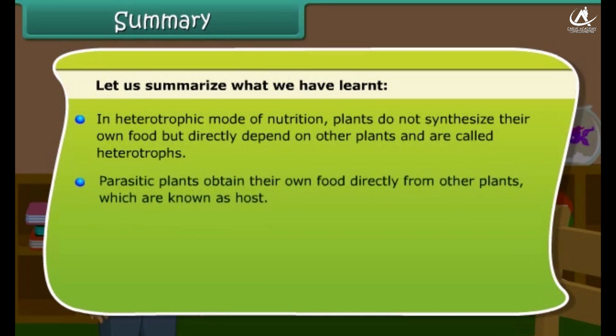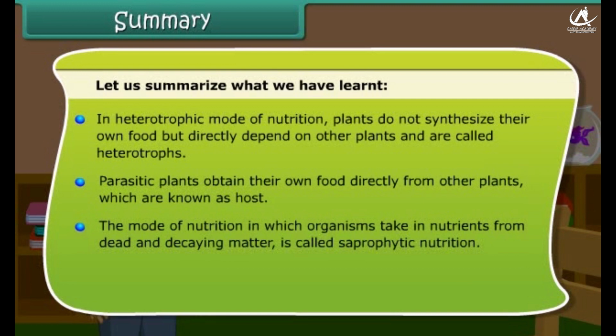Parasitic plants obtain their food directly from other plants, which are known as host. The mode of nutrition in which organisms take in nutrients from dead and decaying matter is called Saprophytic Nutrition.